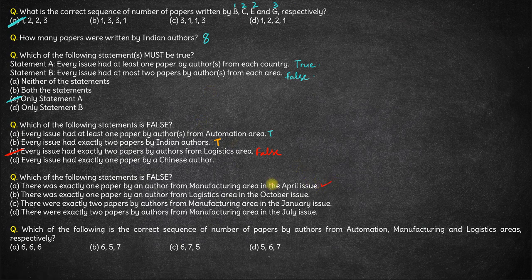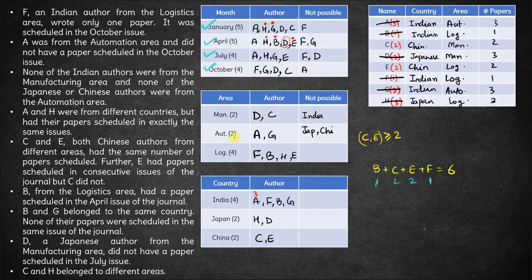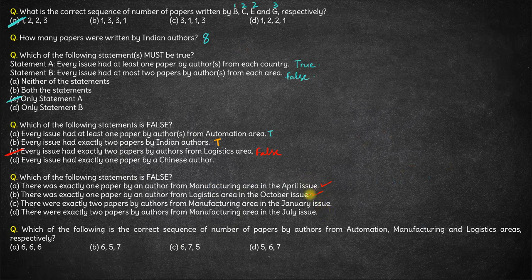So this is true. Option B, there was exactly 1 paper from logistics area in October. So who are logistics? F, B and H, E. Out of F, B, H and E in October, only F is publishing. So there is only 1 logistics area author in October. So this is also true.